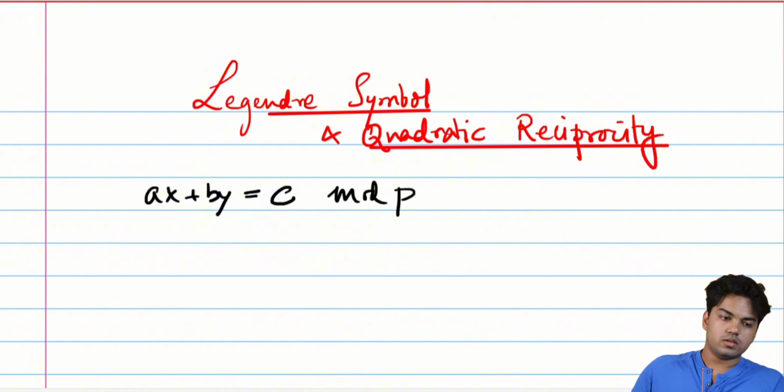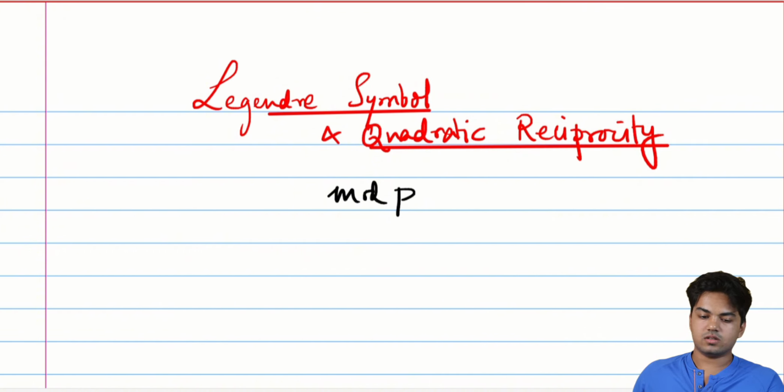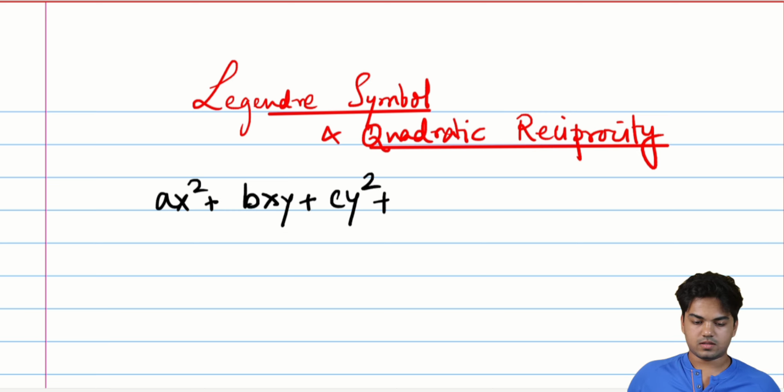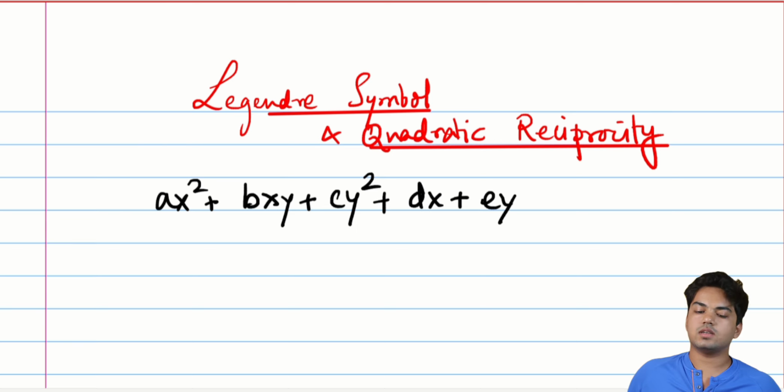Today I want to talk about the next step, since linear is out of the way: quadratic. So ax square plus bx plus, well, technically the most general quadratic form is this, plus dx plus ey plus f.